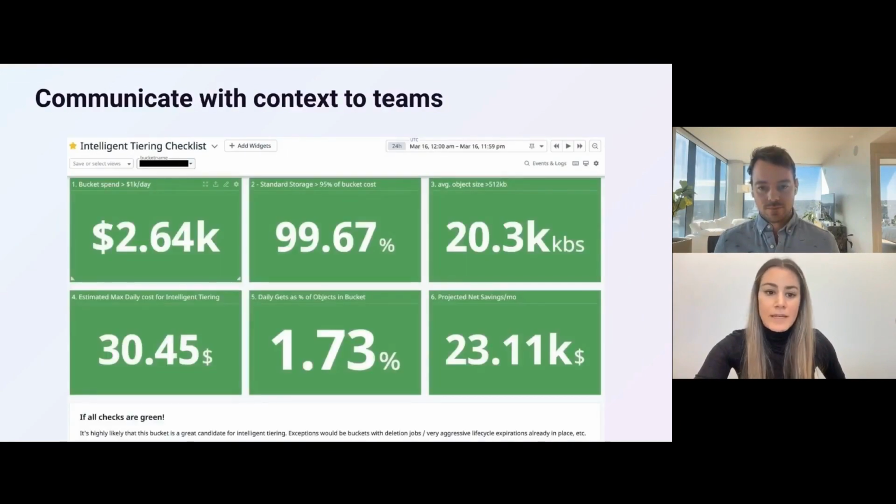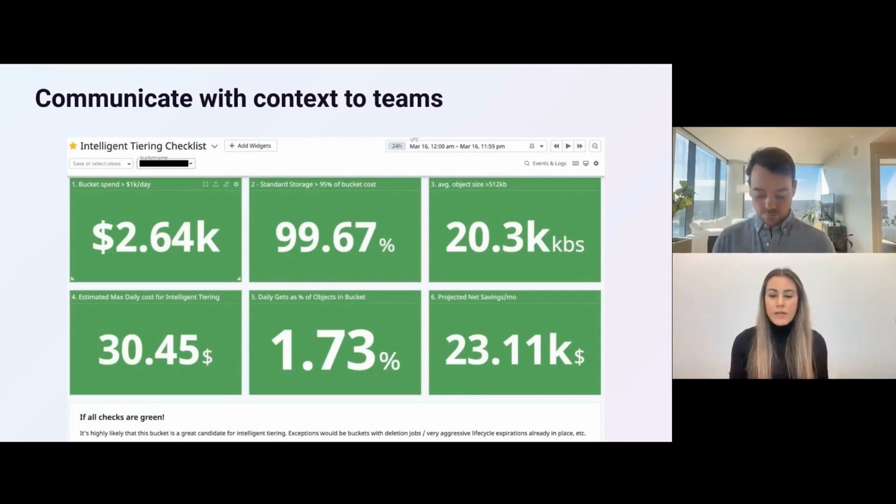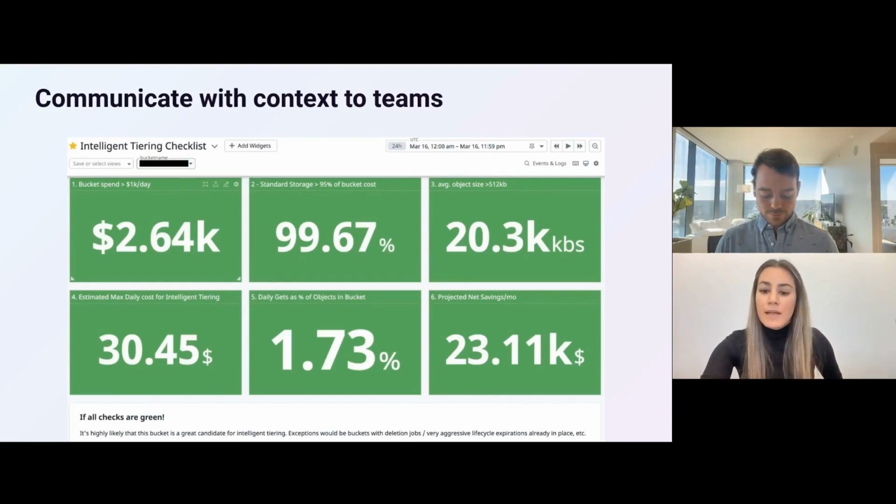Next, what we did was build out a dashboard that helped communicate with context to our teams so that they could understand the impact of their actions, but also feel comfortable with moving their buckets to cold storage. So you can see here that we have a dashboard where we've graphed a bunch of metrics that help them identify if their bucket is a good candidate for cold storage. And we can see, for example, the daily spend of the bucket.